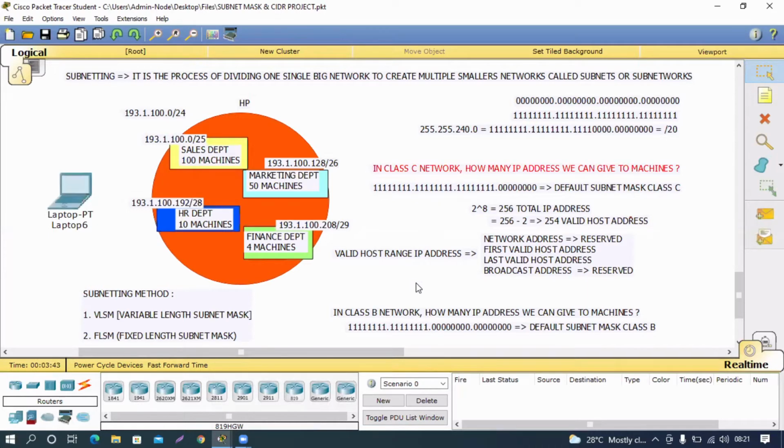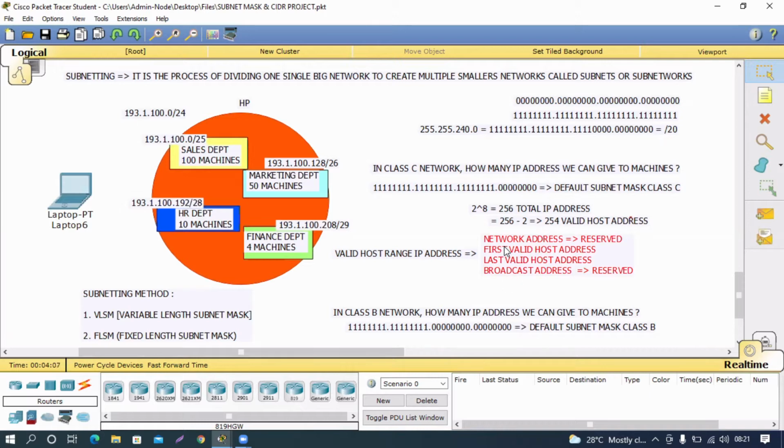So it is a very simple calculation. Always remember that in any LAN, in any local area network, we have these 4 addresses available. The first address is the network address, the second is the first valid host address, the third is the last valid host address, the fourth is the broadcast address.